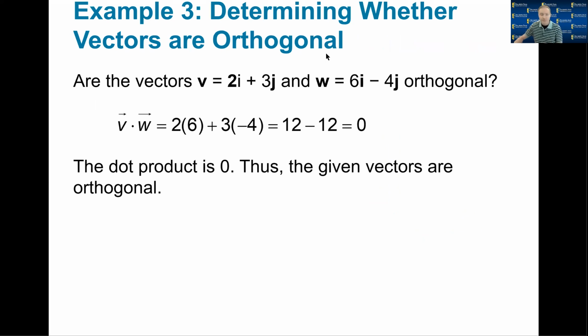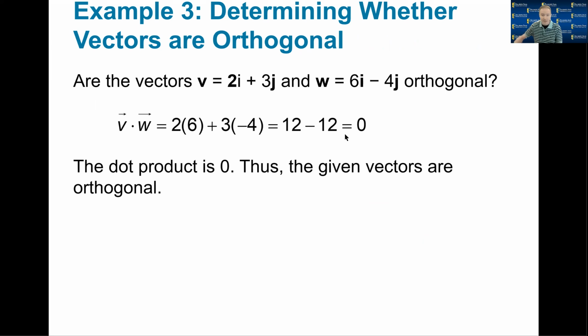Now, notice my next example, determining whether vectors are orthogonal. You'd say, well, okay, all I have to do, just like you just said, is take the dot product, which is going to be the product of the horizontal components, 2 times 6, plus the product of the coefficients of the vertical components, 3 times negative 4. Well, 2 times 6 gives me 12, 3 times negative 4 gives me negative 12.